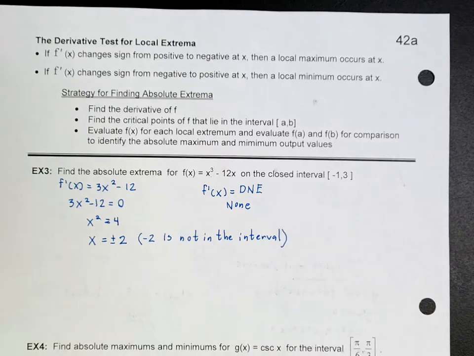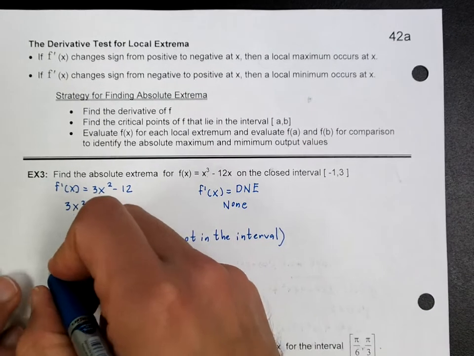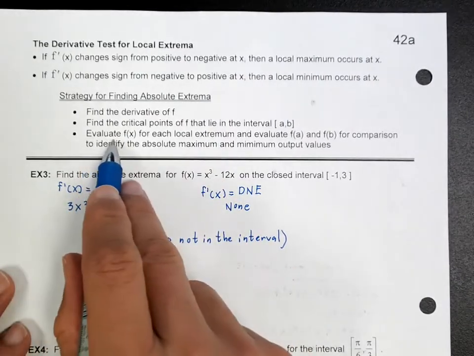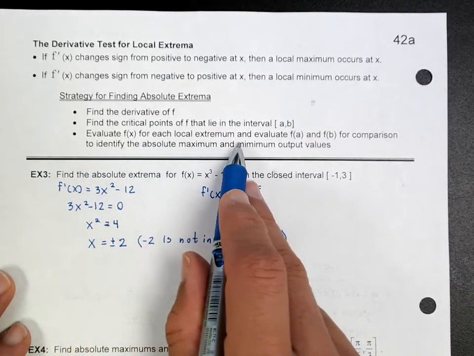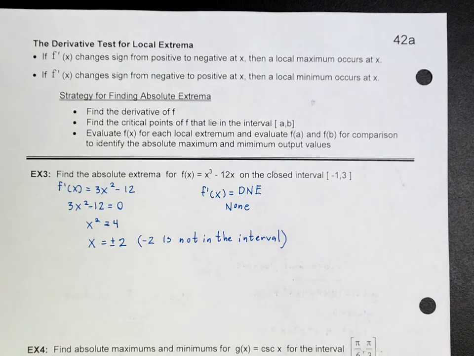So now what I have to do is check, and that's what they mean with evaluate f of x for each local extremum and evaluate f of a and f of b for comparison to identify the absolute maximum or minimum output value. So really what that means is, remember what I said earlier at the beginning, your max or mins can be located on the endpoints, and that's the important thing.